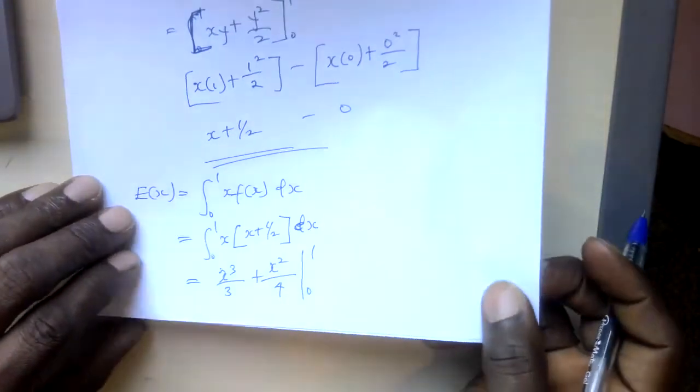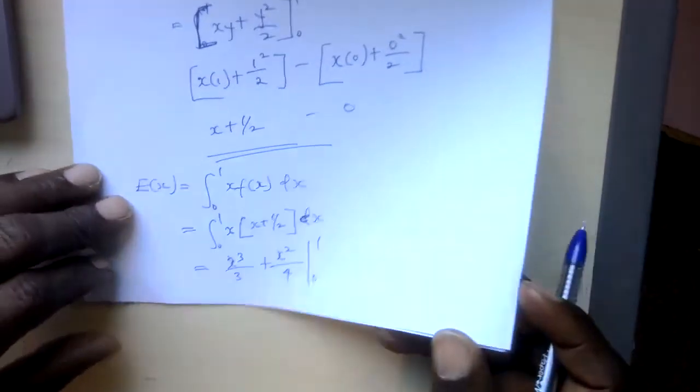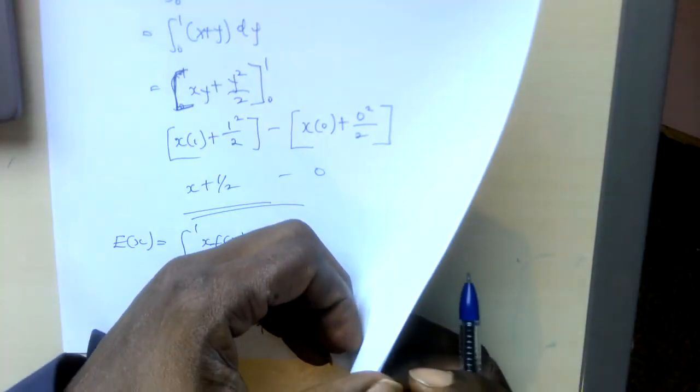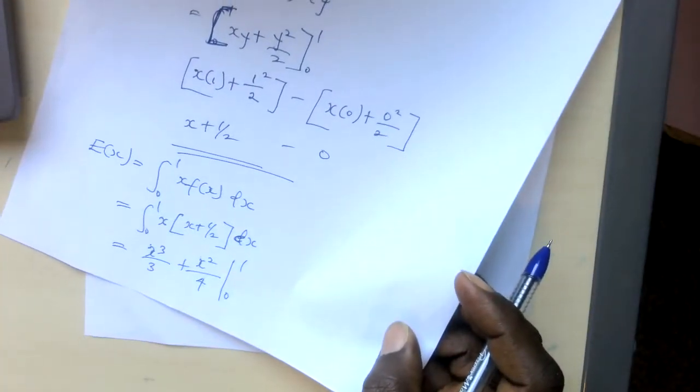So with this, let's work it out on a separate sheet here. Let's substitute for 1.